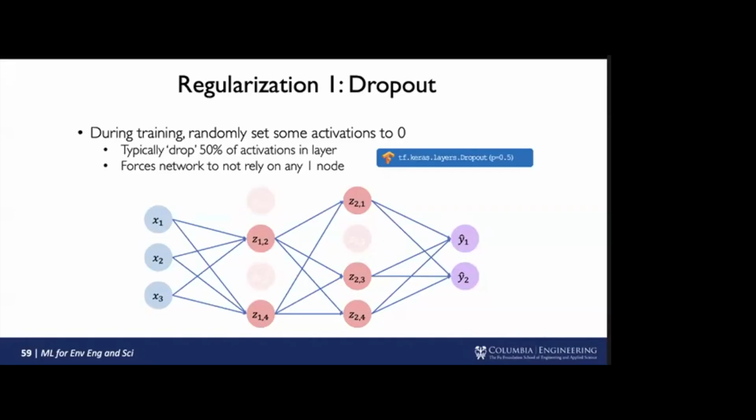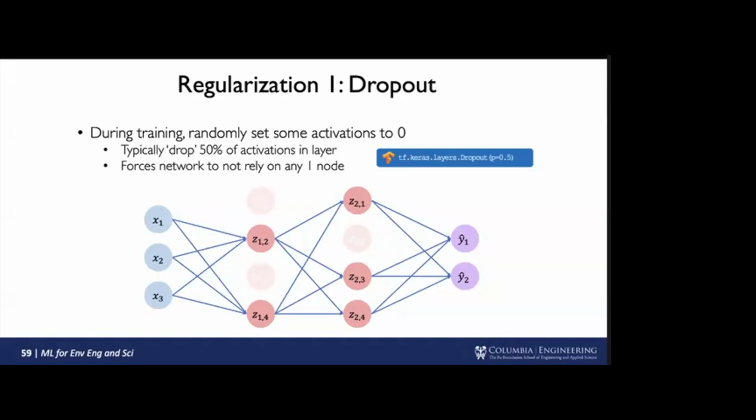Typically, we drop out about 50% of the neurons in a layer. Because different neurons are dropped each time, the neural network cannot rely on a single node to make a prediction. That's why it works. This forces the network to spread information across many neurons and learn more robust features.